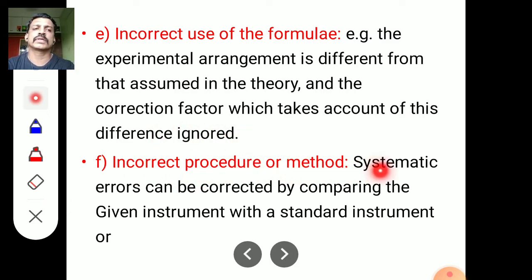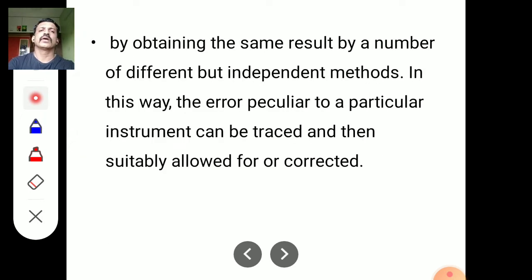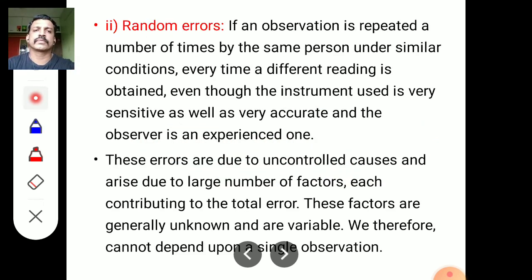Incorrect procedure or method. Systematic error can be corrected by comparing the given instrument with a standard instrument, or by obtaining the same result by a number of different but independent methods. In this way, the error peculiar to a particular instrument can be traced and suitably allowed for or corrected.